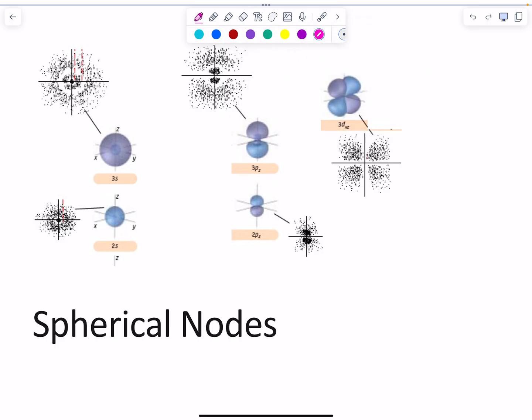All right, so if we look, the space that I've shown in pink here is kind of empty in the cross section. Okay, that's what we call a spherical node. It's a round shape, and that space is going to be empty. There are going to be no electrons there. So that's what we call a spherical node, and they're seen in all the different orbital shapes.